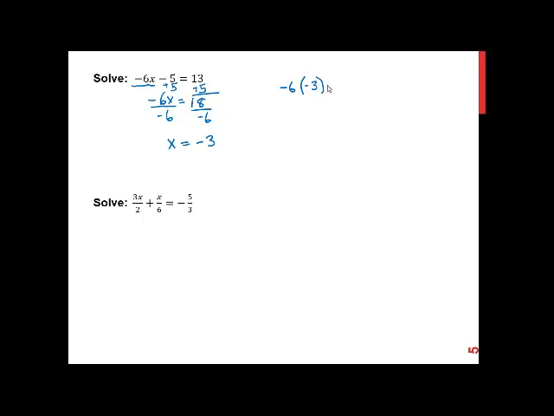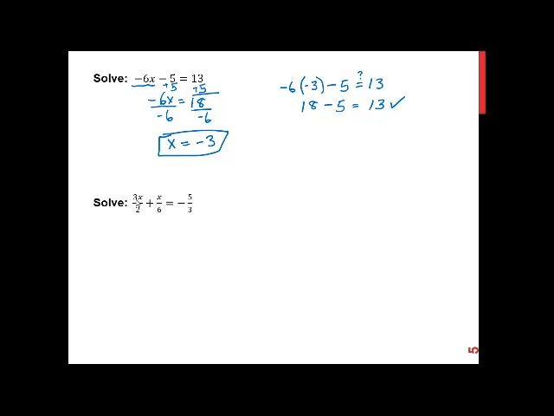Negative 6 times negative 3 minus 5 equals, maybe, we hope, 13. So 18 minus 5 equals 13, and yes, that is true. So we have found the solution.